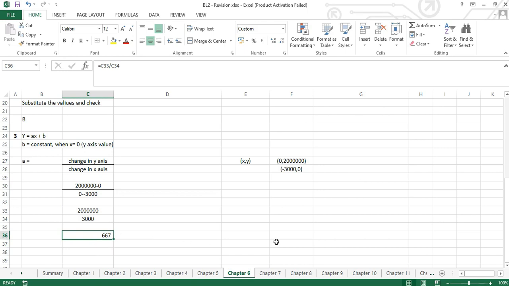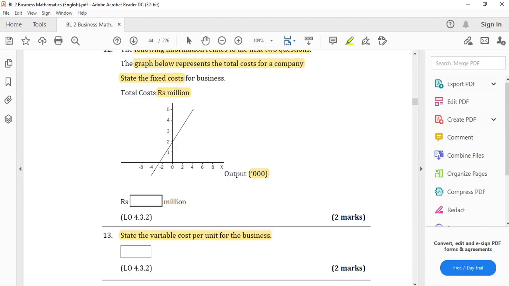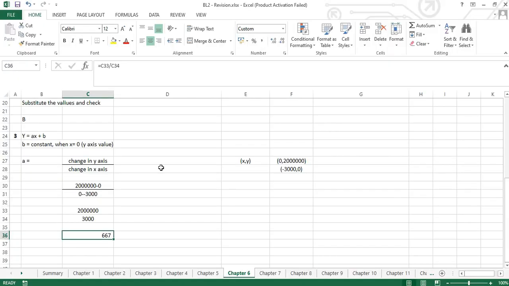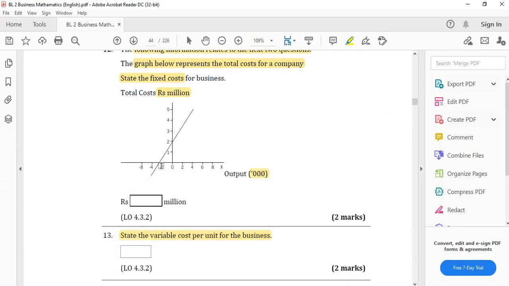667. So in the exam they'll give you clearly the numbers, because the answer is a bit different. It's because they've chosen another coordinate instead of this. It doesn't matter, as long as they give it clearly in a graph paper format, it's fine.